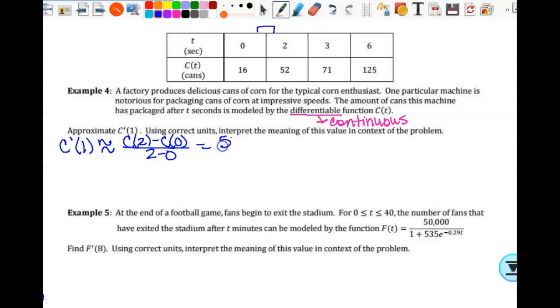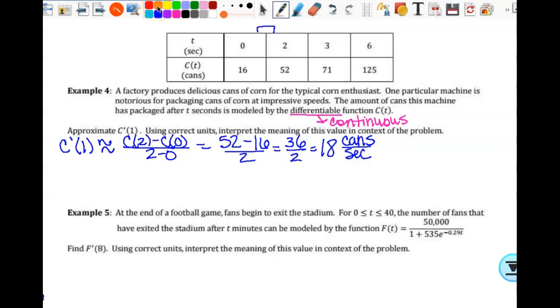C of 2 is 52 minus 16 over 2. So 52 minus 10 is 42. Then I subtract 6 and get 36. 36 over 2, and that's 18. What are my units here? Cans per second. Very good. Okay.